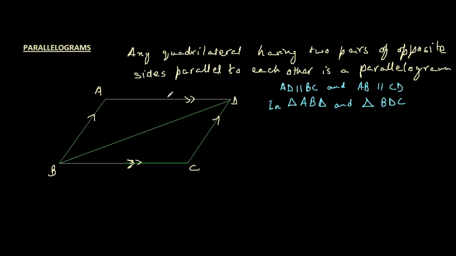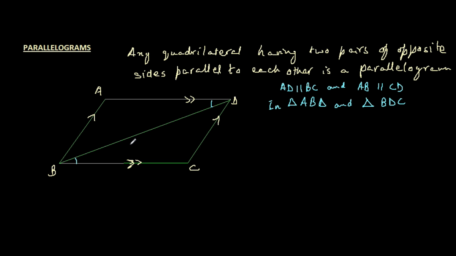All I know is that these sides are parallel to each other and these two sides are parallel to each other. Let's say if AD is parallel to BC, what angles do I have here? This angle and this angle. Don't you see that AD and BC are parallel to each other and BD is a transversal? So what are these two angles in parallel lines called? Well, you have learned it. They're called alternate interior angles.